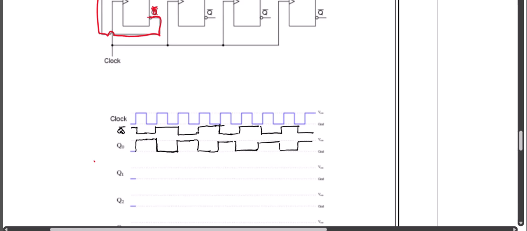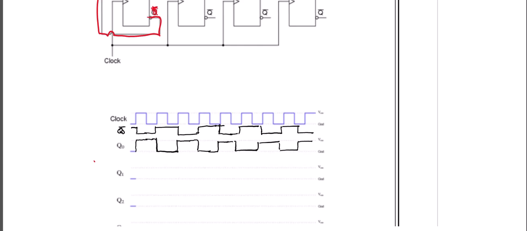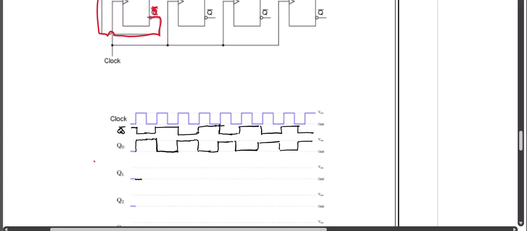These are all T flip-flops, right? Yep. Okay, so now Q1 is going to be just like Q0, but delayed. And so it's not going to start until that positive edge.